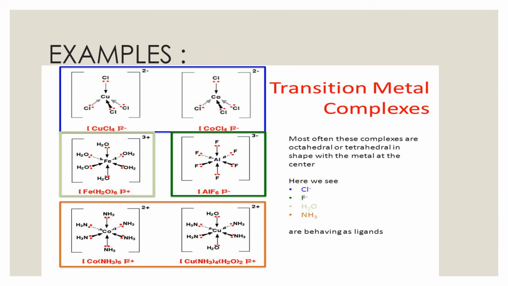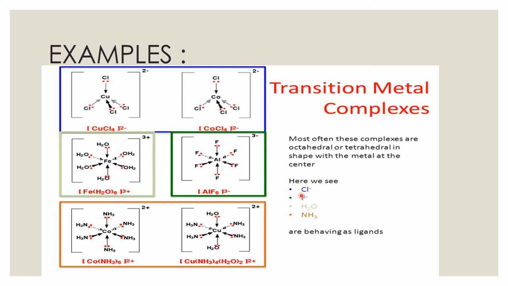So let us see a few examples of transition metal complexes. These are a few examples. Most often these complexes are octahedral or tetrahedral in shape with the metal at the center. Here you can see metals like copper, cobalt, ferrous, a central metal surrounded by ligands.